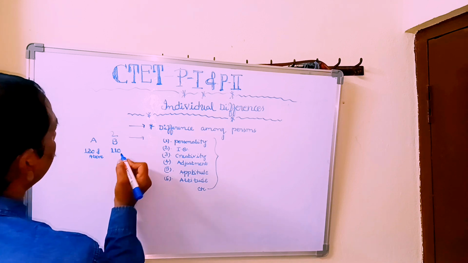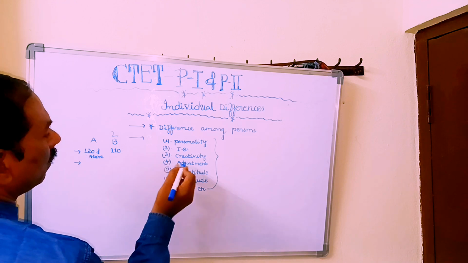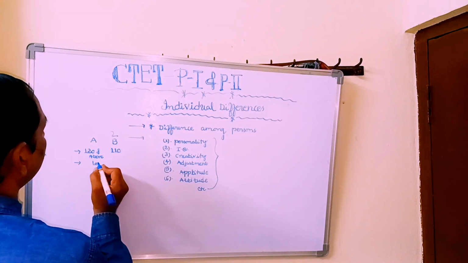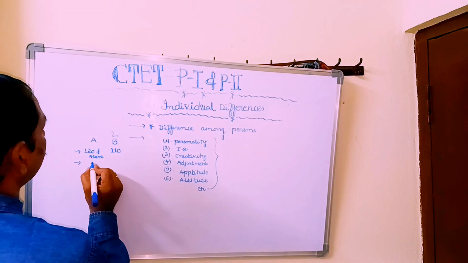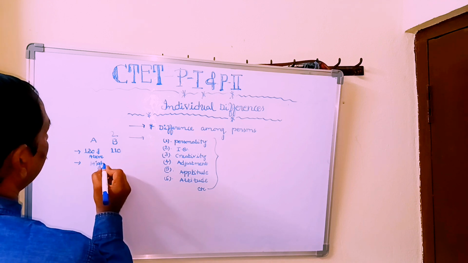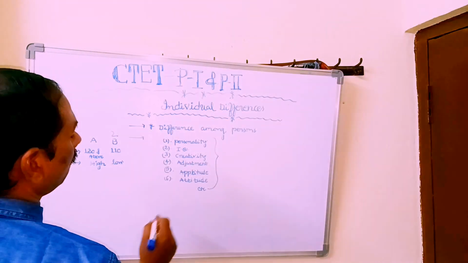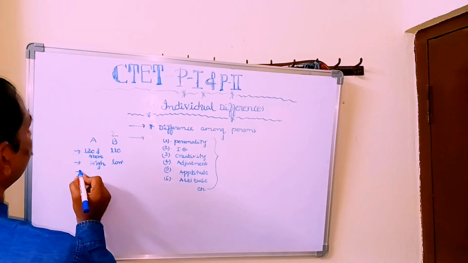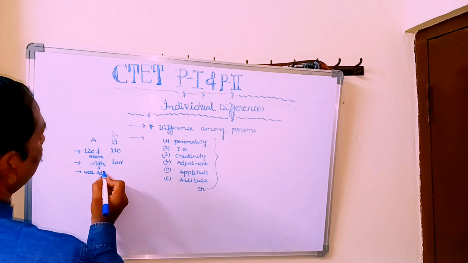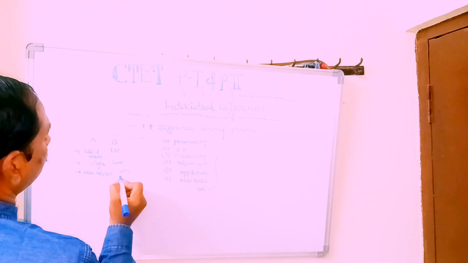Person A's creativity is high, and person B's creativity is low. Adjustment: person A is well adjusted, person B is not adjusted.